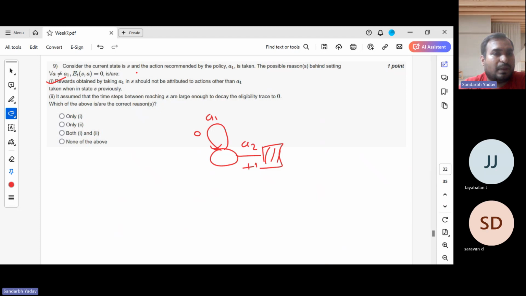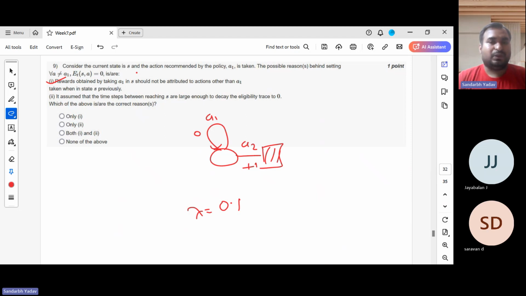So this is true. And the second is that it assumed the time steps between reaching S are large enough to decay the eligibility traces to 0. But did we make any such assumption? Maybe if the decay rate is quite high, basically if lambda is something like 0.1, then it will decay very quickly.